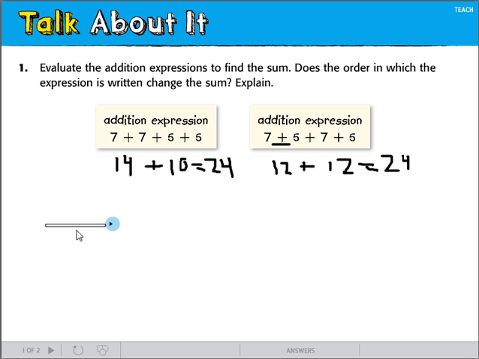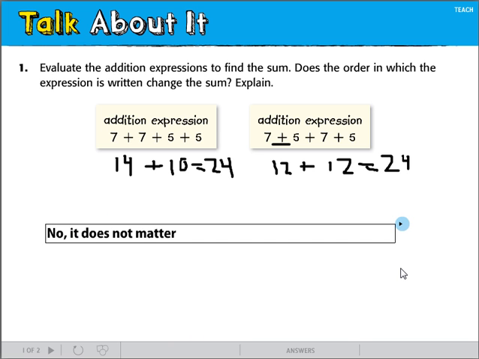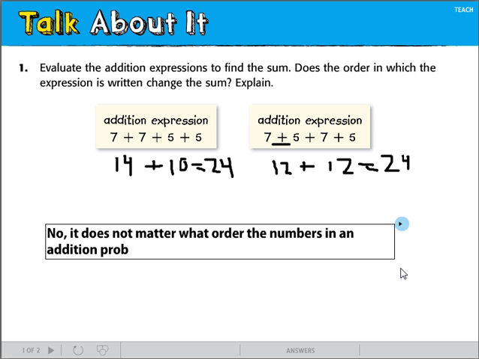So, our answer is then no. It does not matter what order the numbers in an addition problem are.